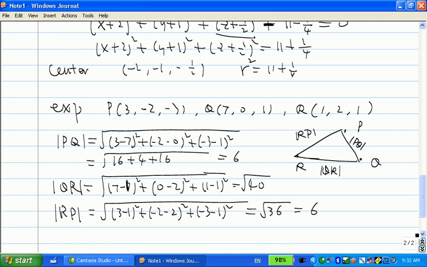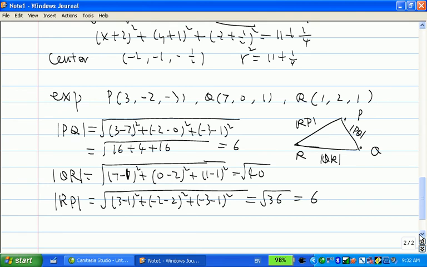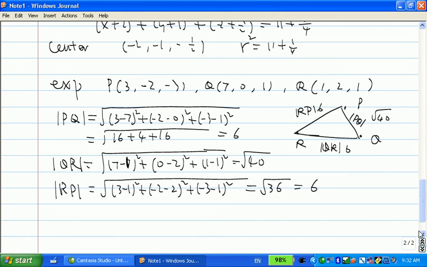Okay. So obviously this triangle, here's a 6, here's a 6, here's square root of 40. It's an isosceles triangle. Is this a right triangle? To check whether it's a right triangle or not, look at the two smallest lengths.